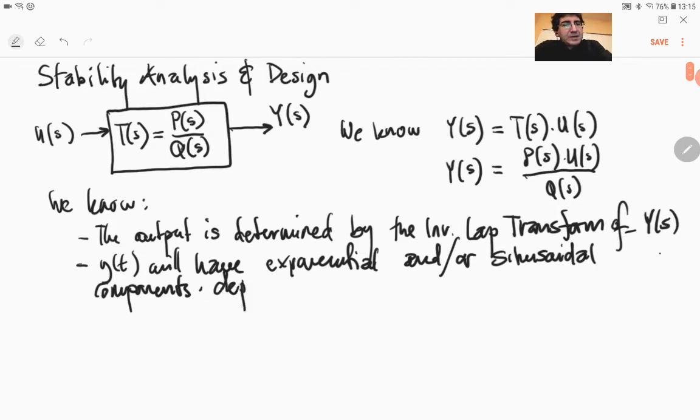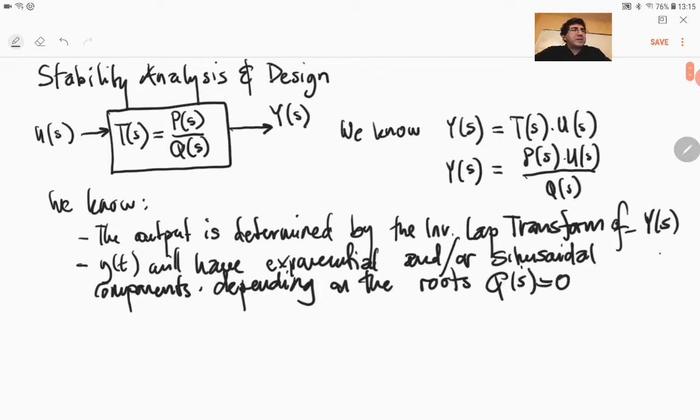Components depending on actually the roots of this Q of S equal to 0. Okay, this denominator over here.